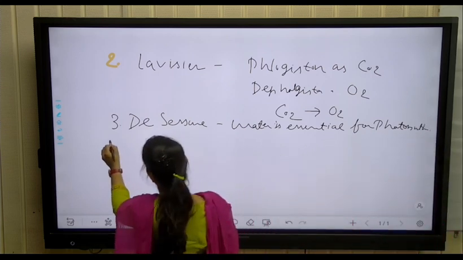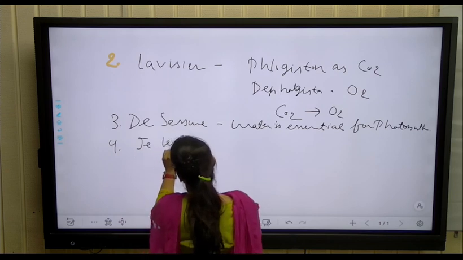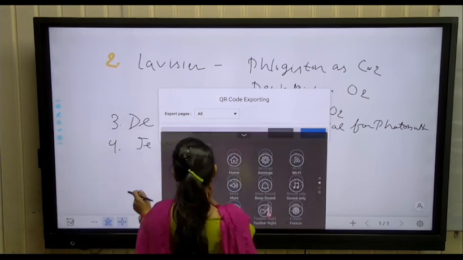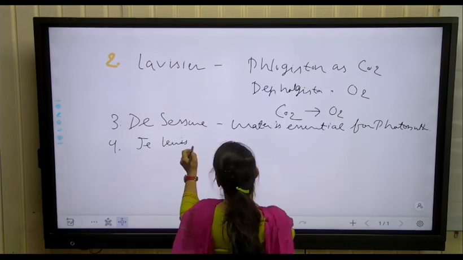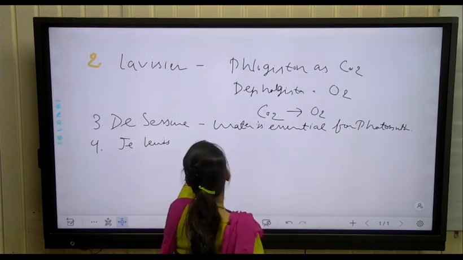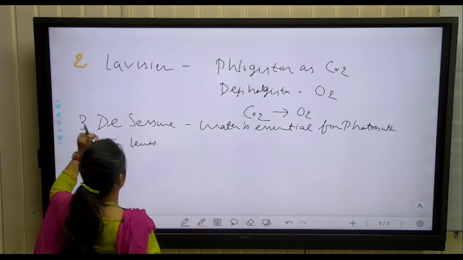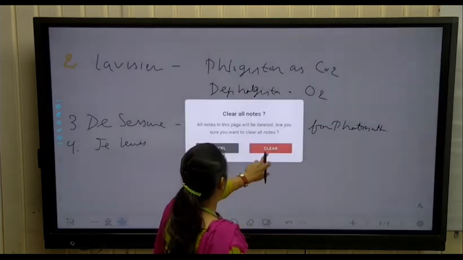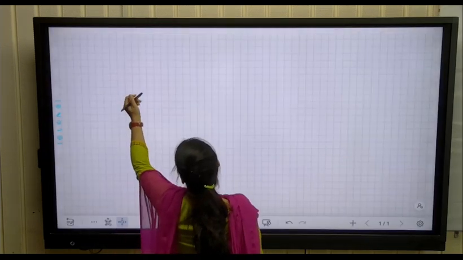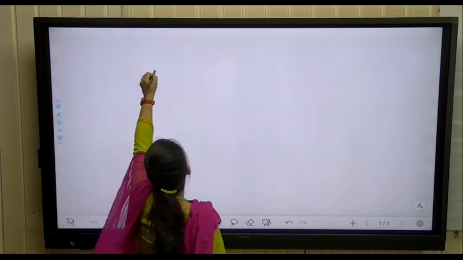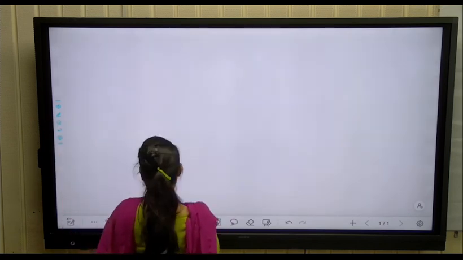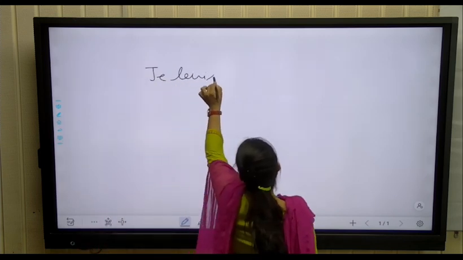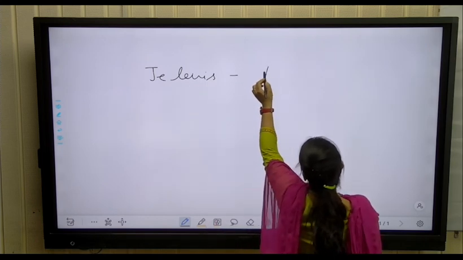And the next was G. Lewis, who found out that the product of photosynthesis was carbohydrate.